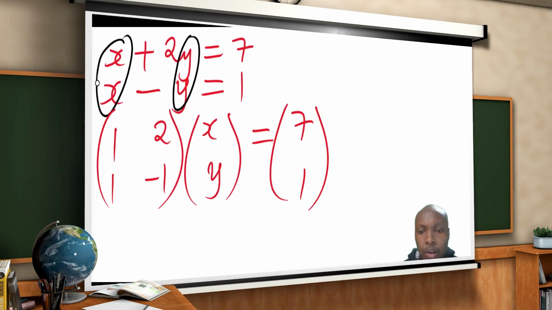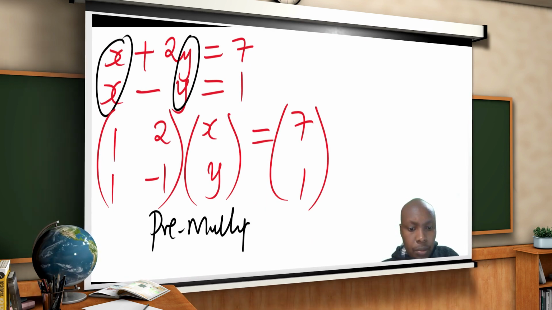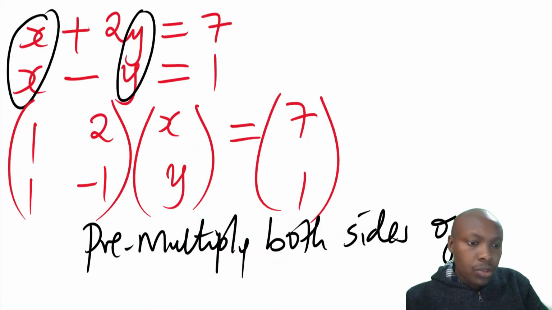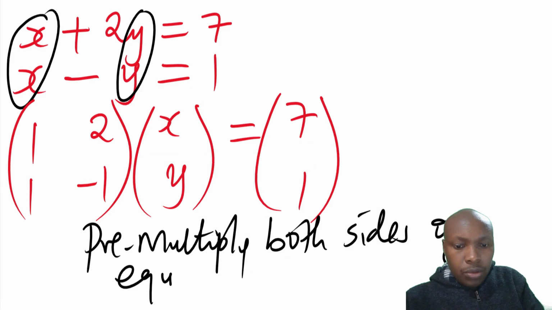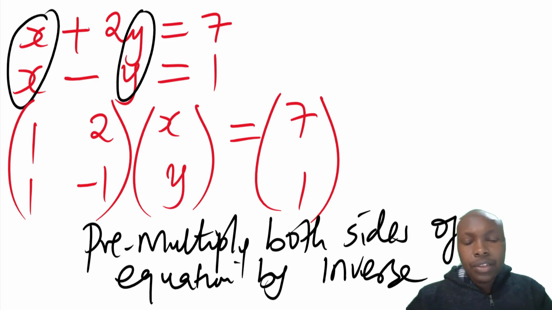To solve these equations simultaneously, we pre-multiply both sides of the equation by the inverse of the matrix.